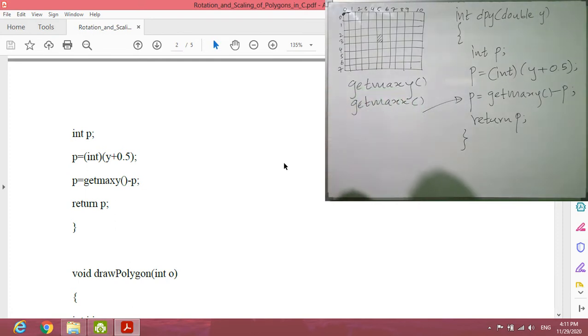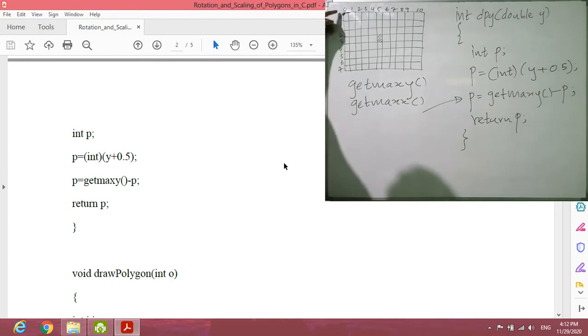These functions will return the number of pixels: getmaxy will return the number of rows, and getmaxx will return the number of columns.